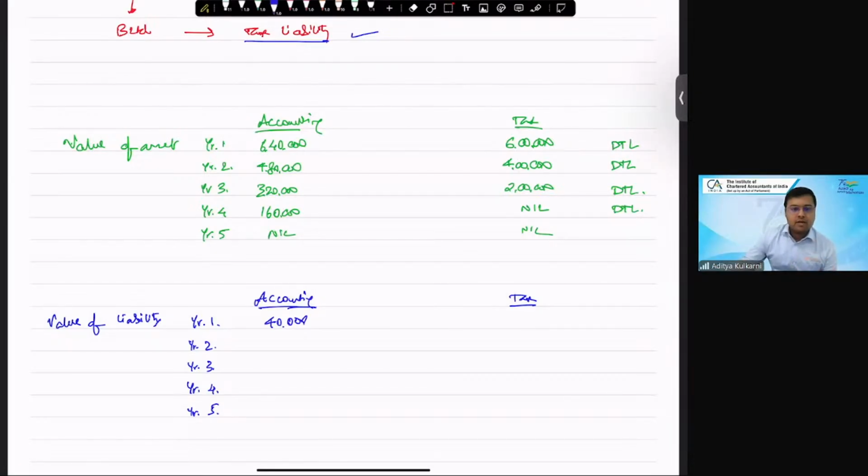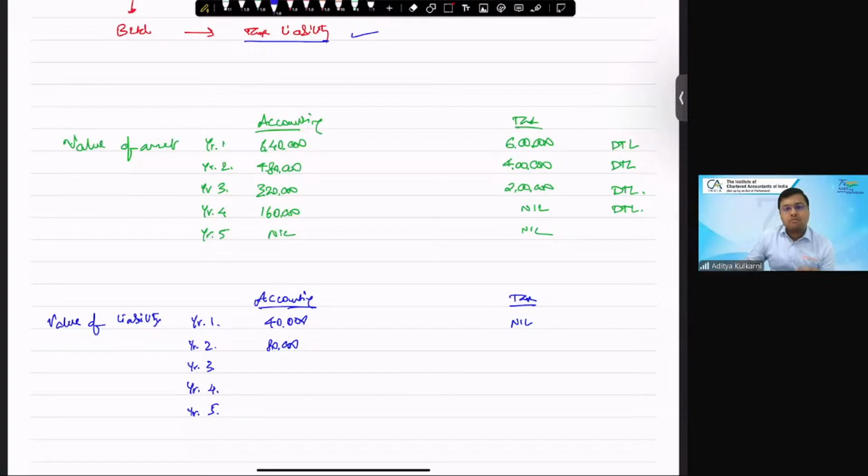No doubts. Tax purposes, will I account this expense for tax purposes? No. You will not account this because you have not paid for it. Year 2, another 40,000 you will accrue. So 80,000.